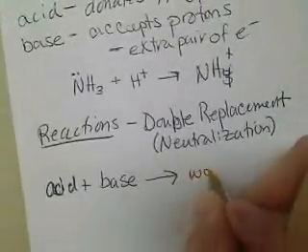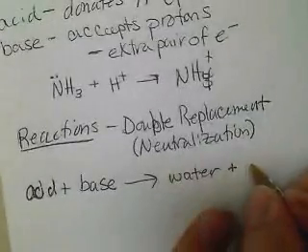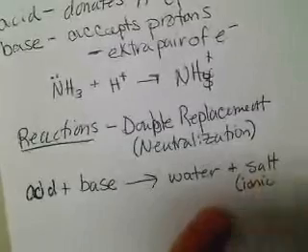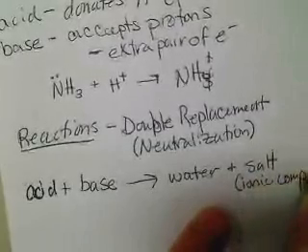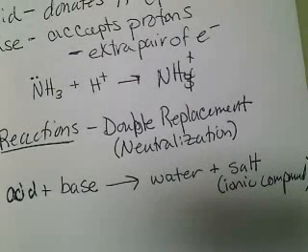You will get water as one, plus a salt. Now, remember, when we say salt, we mean ionic compound, okay? And remember, an ionic compound is a what and a what? I hope you're saying it's a metal plus a non-metal, okay? Don't forget that.